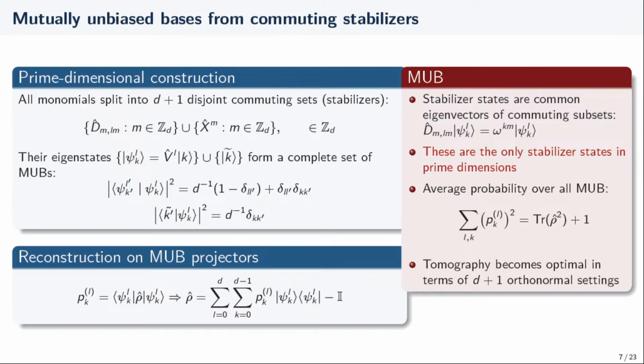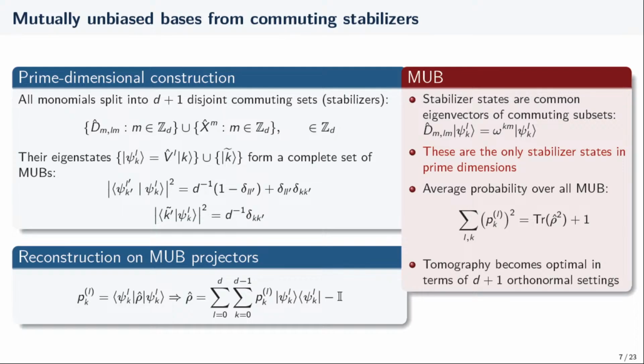And there is a difference, however, between continuous and discrete systems. The difference is basically here. Recall that the set of displacement operators, D_mn, these d squared operators, can be split into sets of commuting operators.